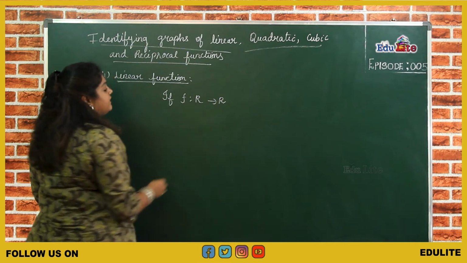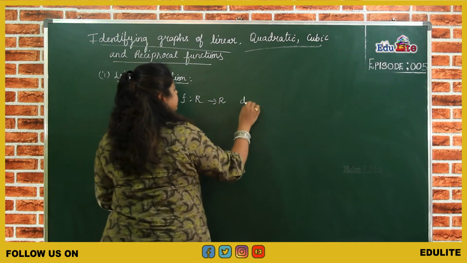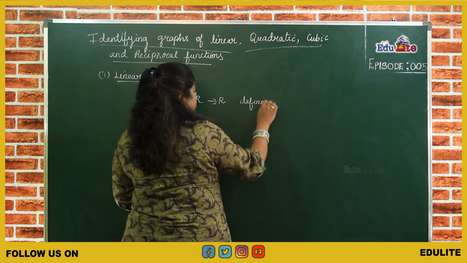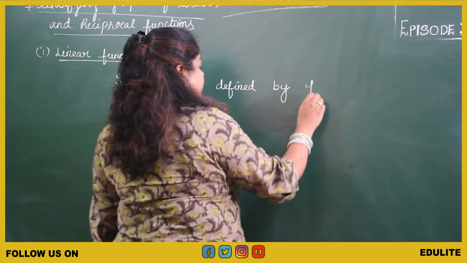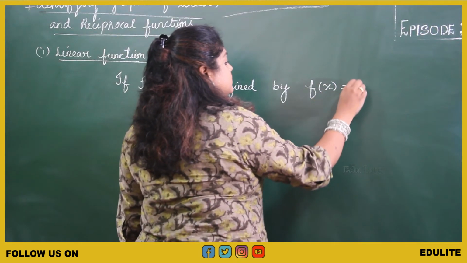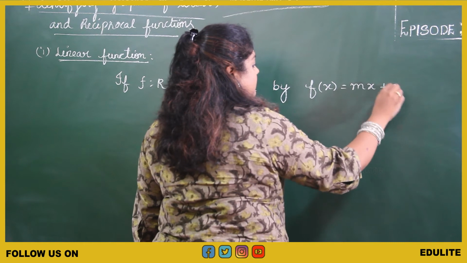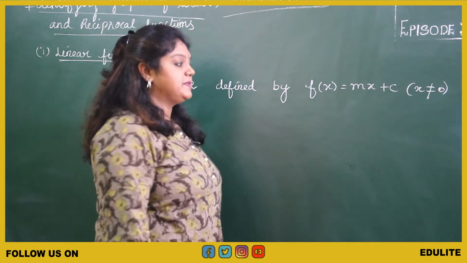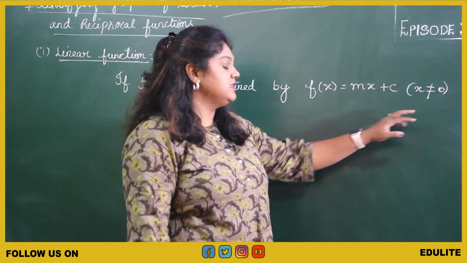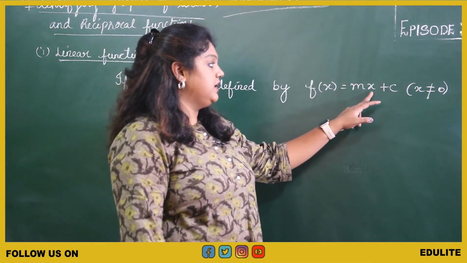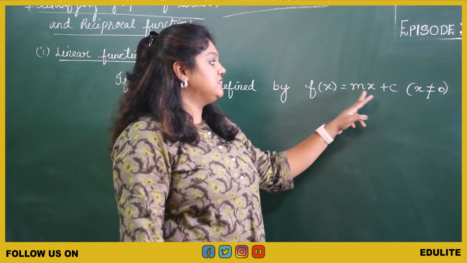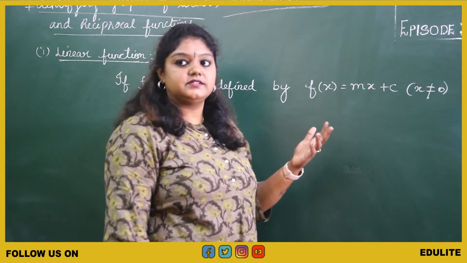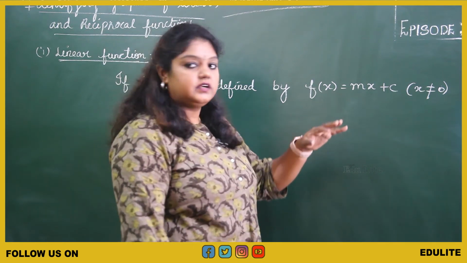that is real number to another real number, defined by f of x is equal to mx plus c, where x is not equal to 0. Why we are specifying x is not equal to 0 is because if we substitute 0 here, then it will become f of x is equal to c. F of x is equal to c is a constant function. Therefore, it is not possible.